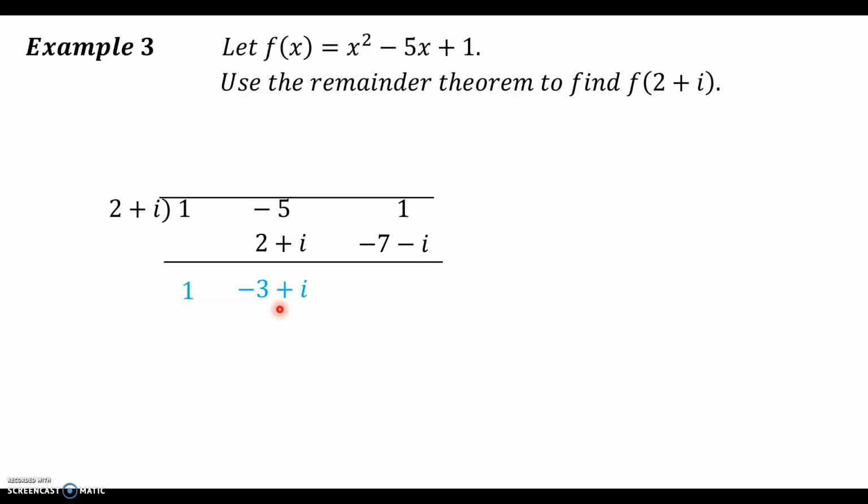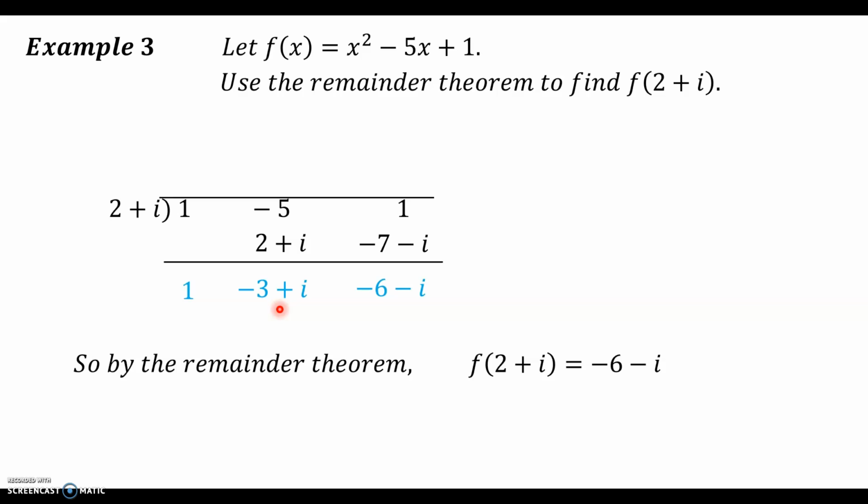And the last step is to add them up. So that means that our remainder would be negative 6 minus i. So by the remainder theorem, the solution, f of 2 plus i, is equal to negative 6 minus i.